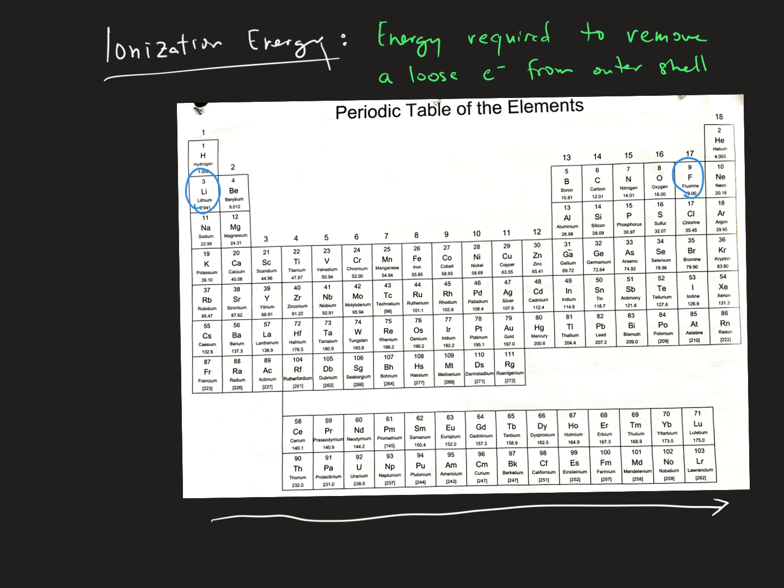Well, if you think about it, we know lithium wants to lose an electron. So it's saying, yeah, it'll help you, right? And fluorine says, I don't want to lose one, dude. Get out of here. And it's going to fight you the whole time. You with me?